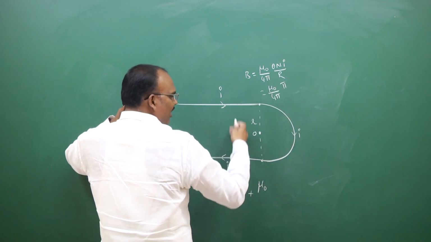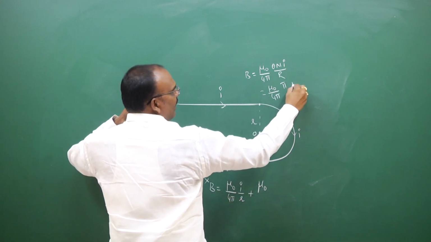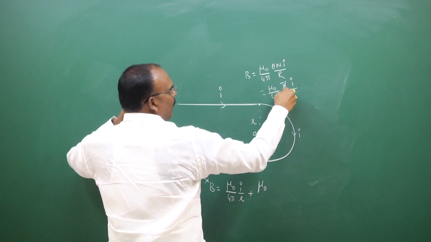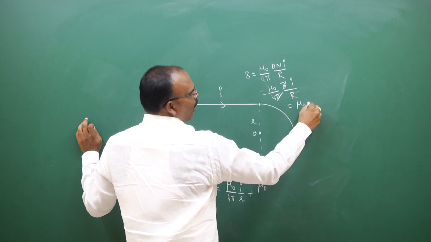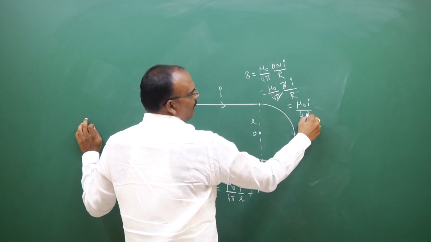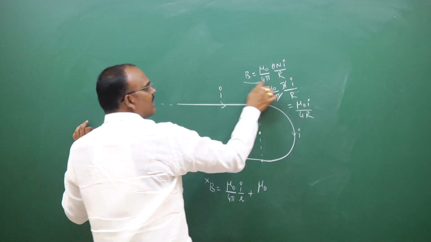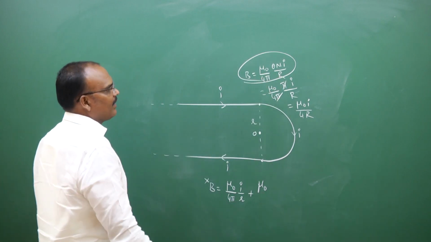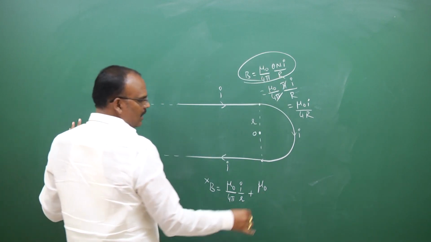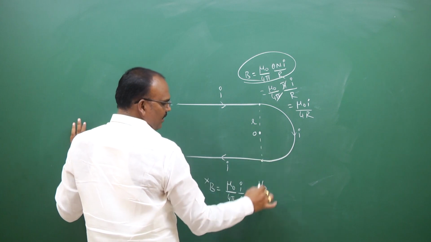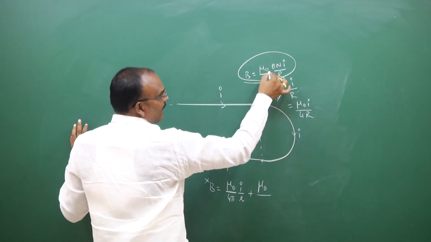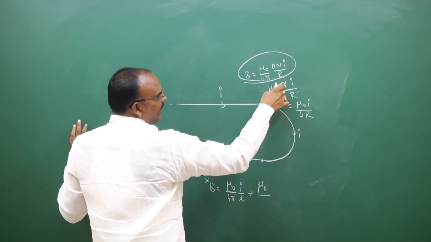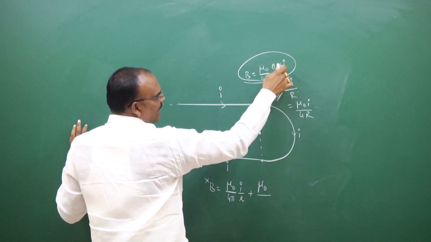We don't have even one turn, so N is 1, I by R, so pi cancels. Then you will get the magnetic field as mu naught I by 4R. This is important, so this expression is going to help a lot. So the magnetic field due to this is mu naught by 4 pi, we have written here pi, N is 1 turn, I is I, R.